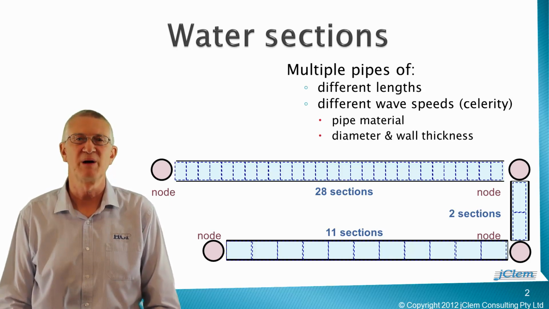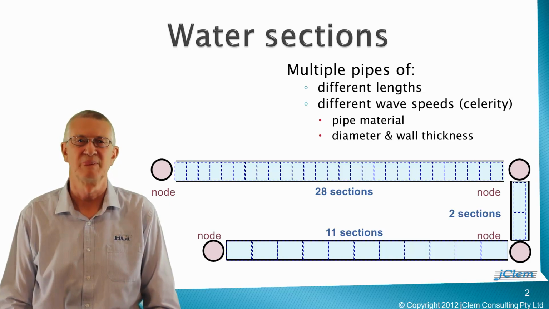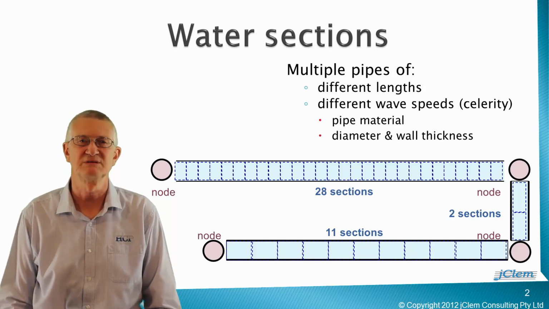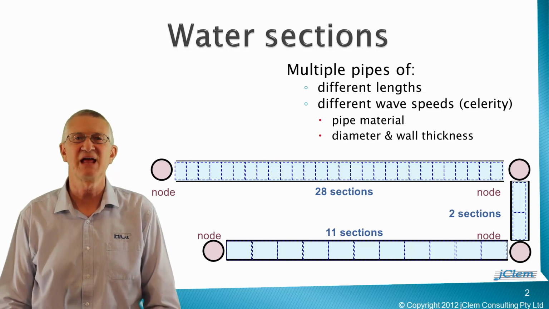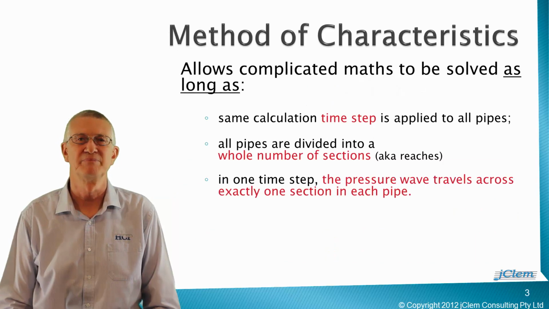The water in each pipe has been divided into a number of water sections. What do you notice about the way these pipes have been divided into water sections? It's important to note that each pipe is divided into a whole number of sections. In addition, the length of water sections can vary from pipe to pipe.